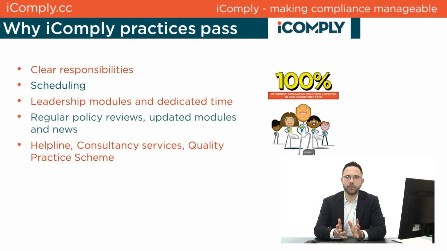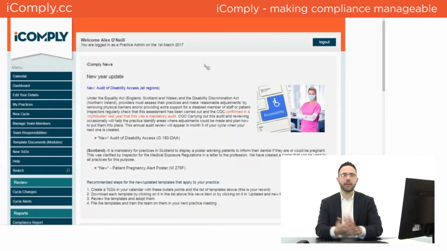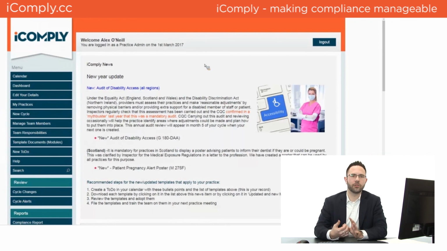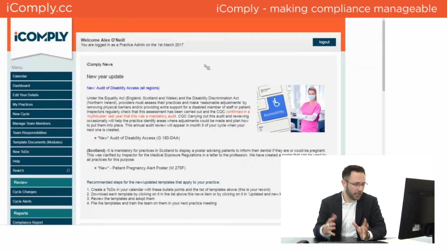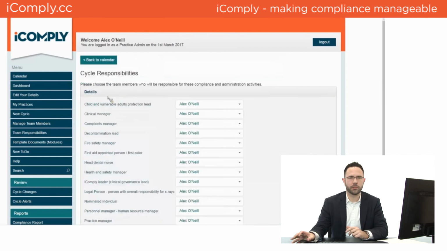I'm just going to jump into iComply quickly and show a couple of these things. Right, okay, so just really quick things. I was just mentioning, obviously, that you could see the CQC have real issues when leadership is not clear and people don't know who's responsible for what. So for those of you who don't know, in iComply we have the team responsibilities section.